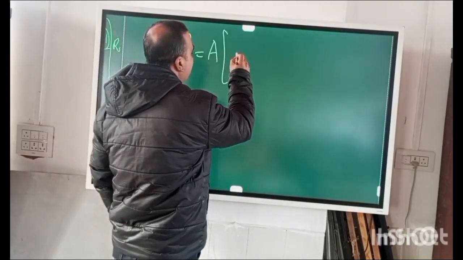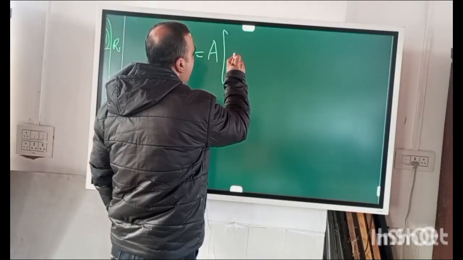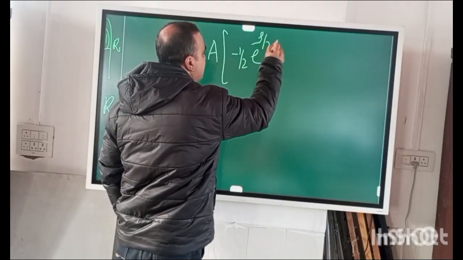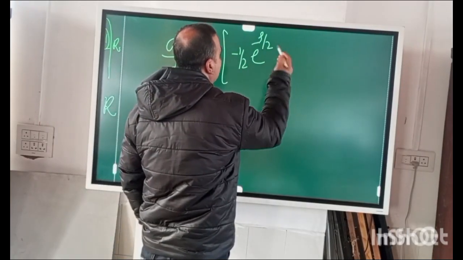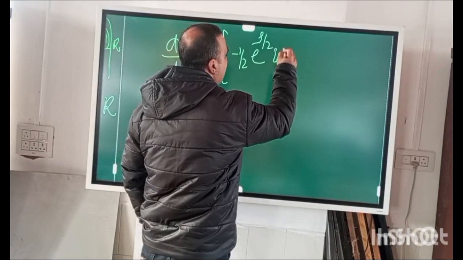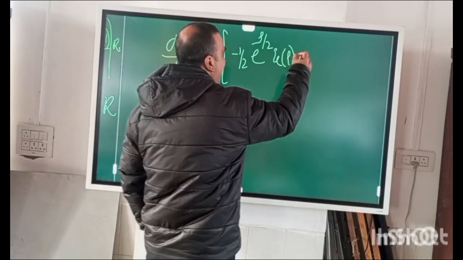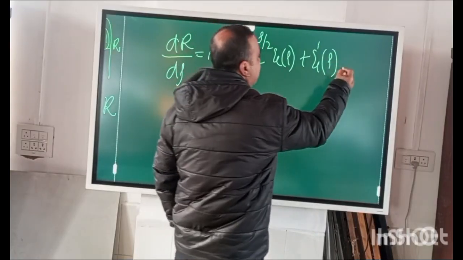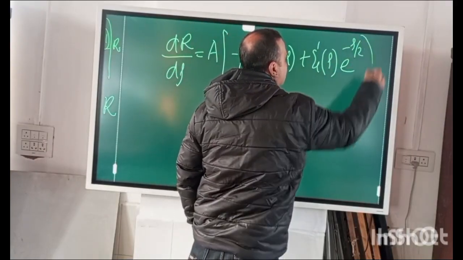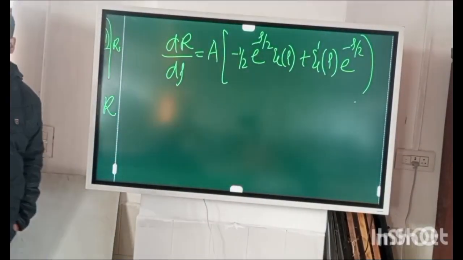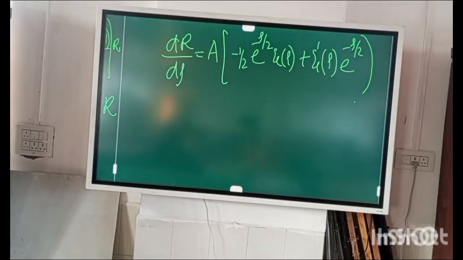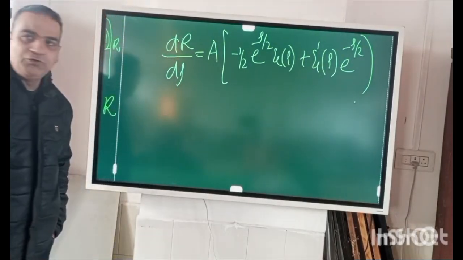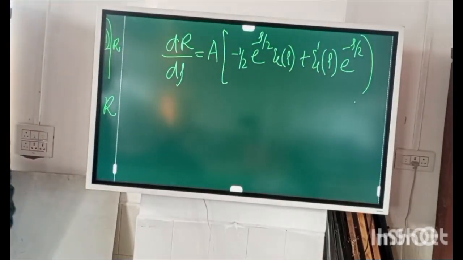Inside I will have minus 1 by 2 e to the power of minus rho by 2, then I have missed something, zeta of rho. Then I will have plus zeta dash of rho e to the power of minus rho by 2. Is it right? Okay. So this is our first derivative of the solution that we propose to this differential equation.